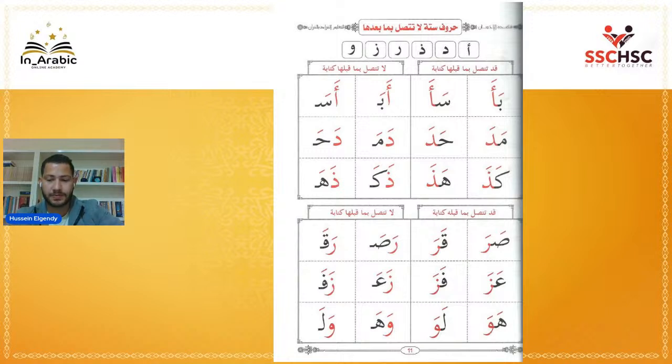Alif, ba, no, I'm sorry. We do not have ba in this case. So alif, dal, dal, ra, and zay. So the question is the letters that cannot be connected to the letters that come after when you are writing.